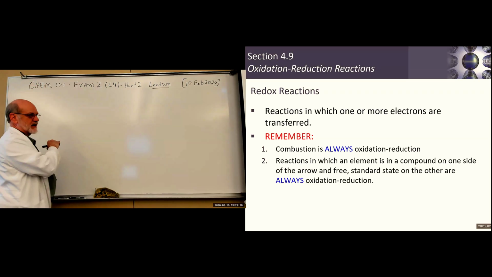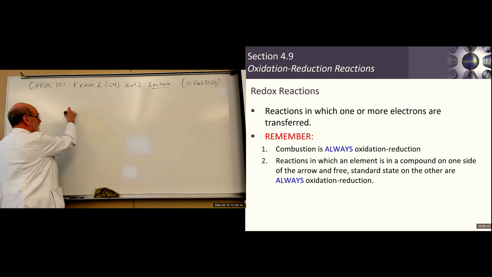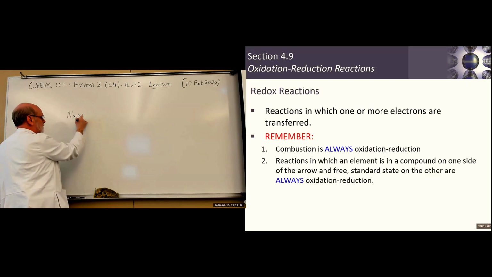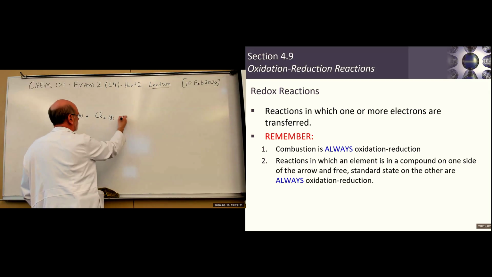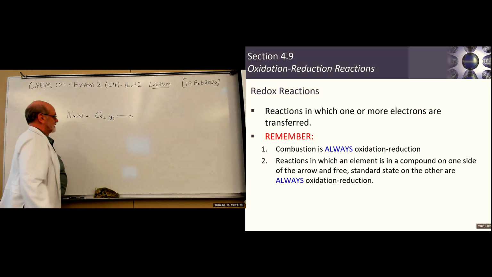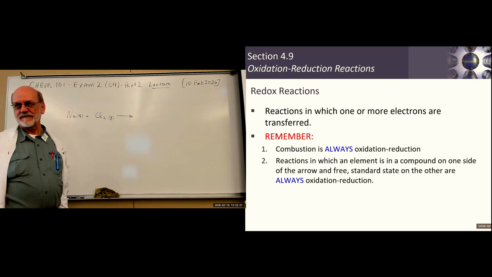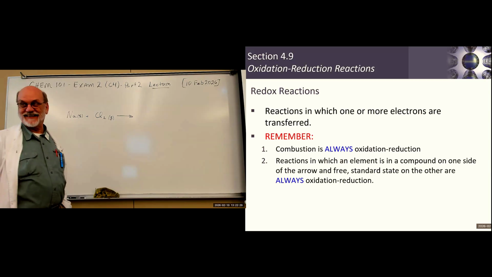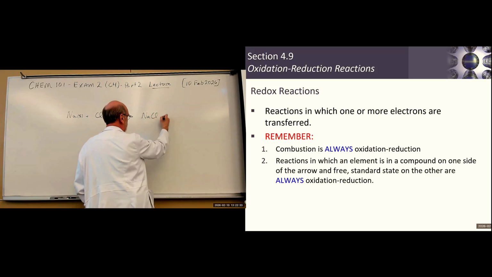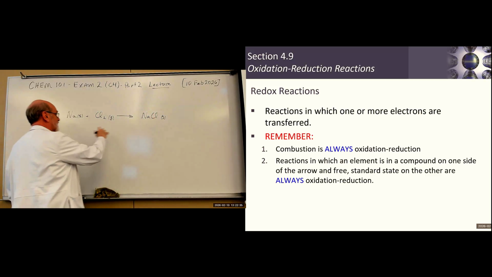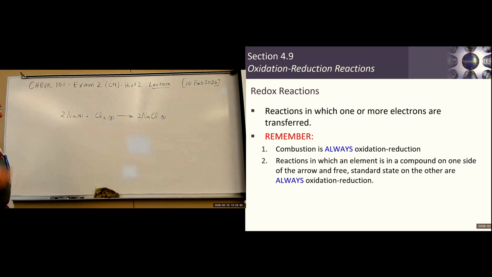Say we have this synthesis reaction or combination reaction. Say we have sodium metal and chlorine gas. Guess what that's going to make? Sodium chloride, table salt, right? There we go. Okay, so if we balance it, we put a 2 here and a 2 here, and we're balanced.